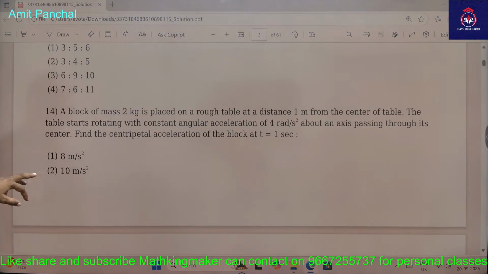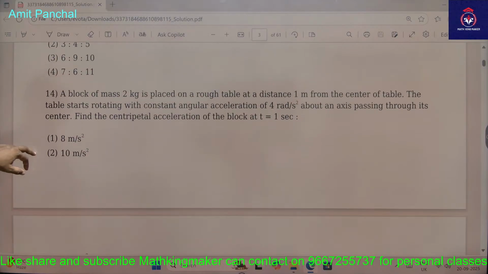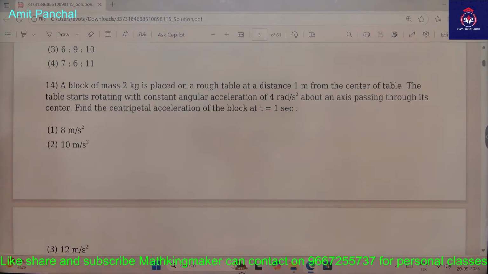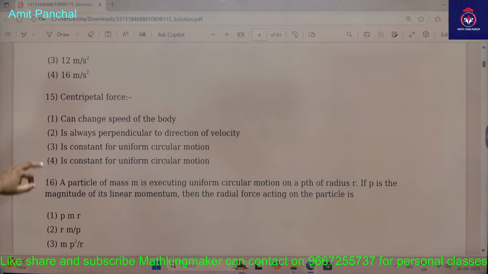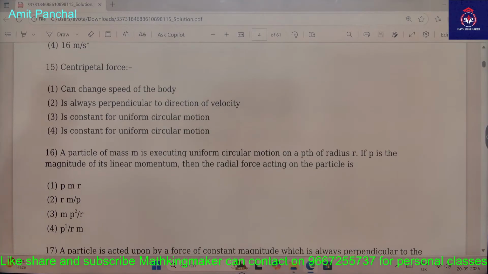Next it is 15. These questions are also from tension and table type problem, I think. Question number 15. What is the doubt in this question? Centripetal force can change speed of the body.